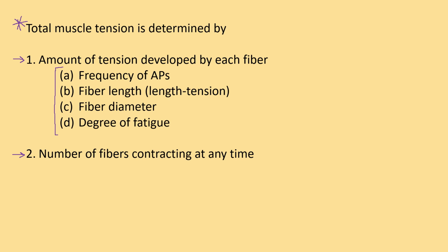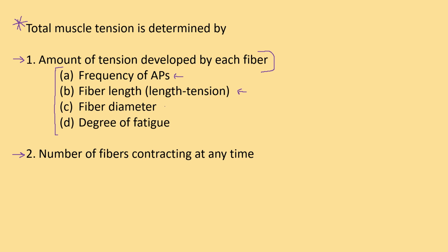So thinking about the cellular level, each muscle fiber is each muscle cell. We can influence total muscle tension by modifying the frequency of muscle action potentials. How often is that muscle cell stimulated? We can influence total muscle tension by adjusting the length of the sarcomeres at the onset of the muscle action potential, and that's called the length-tension relationship.